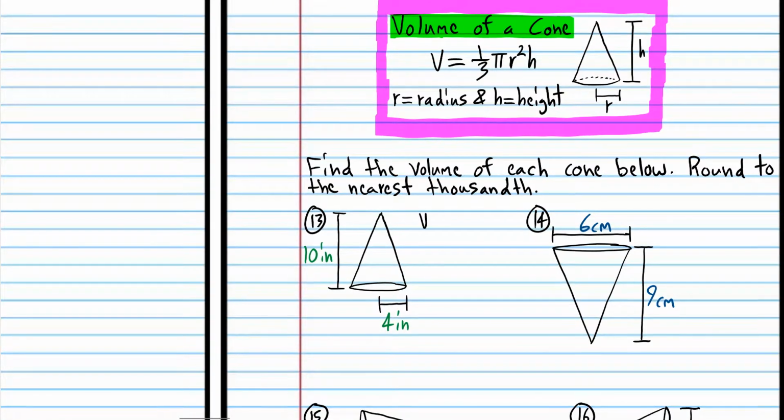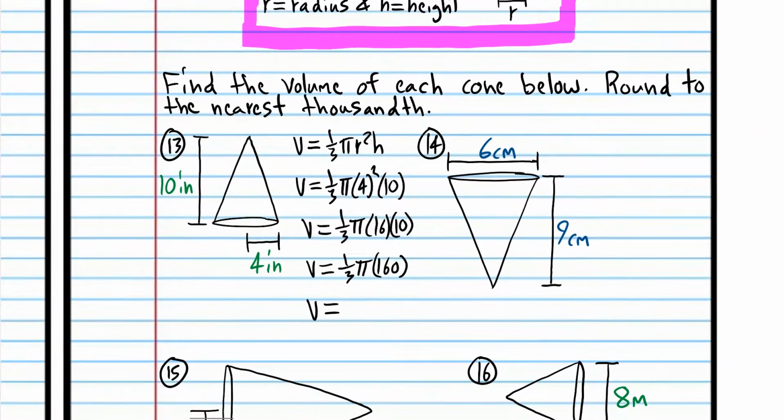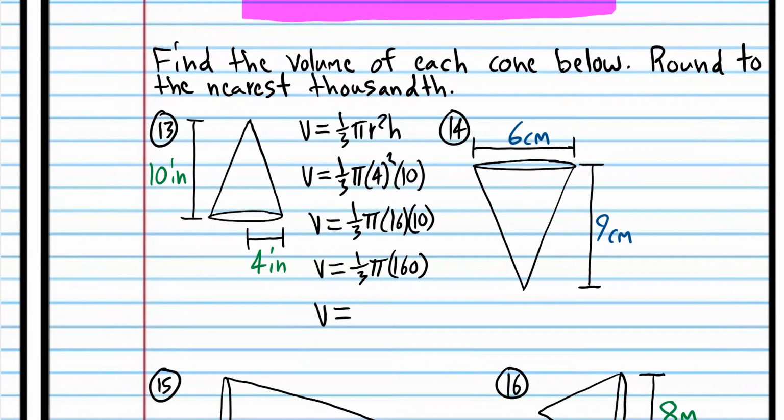So the volume of this cone is equal to 1/3 pi r squared h, and r is 4 and h is 10. 4 squared is 16. 16 times 10 is 160. Now it's actually not necessary to even do any of this simplifying.